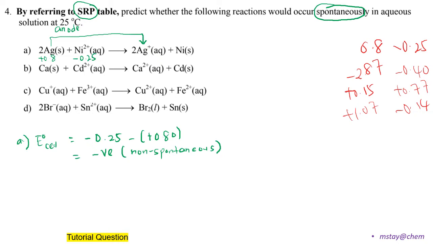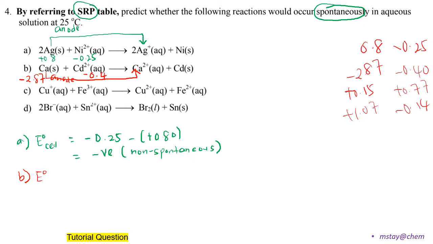Okay, then next one, we continue with B. In this case, calcium is the anode with the electrode potential negative 2.87, while the 2 plus ion will become the cathode with the electrode potential negative 0.4.